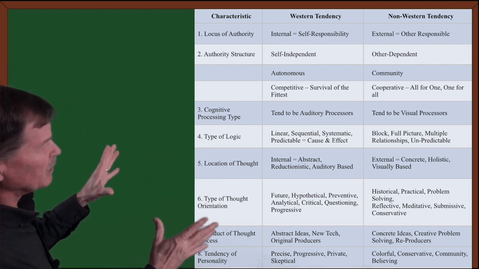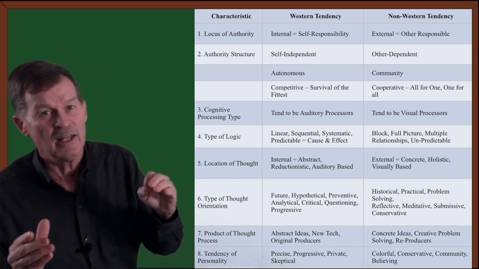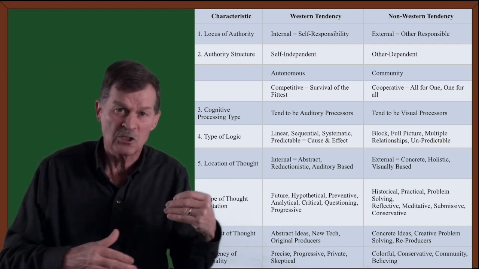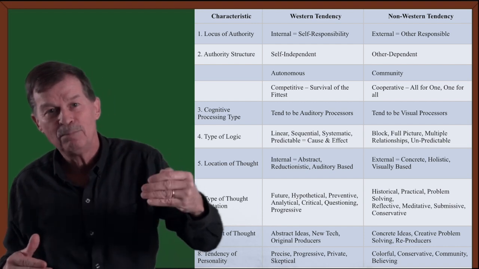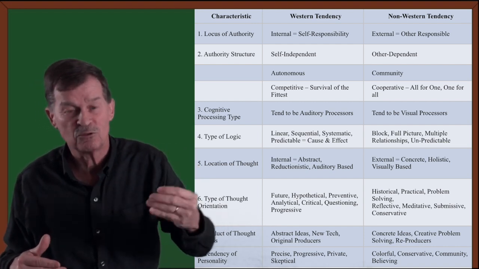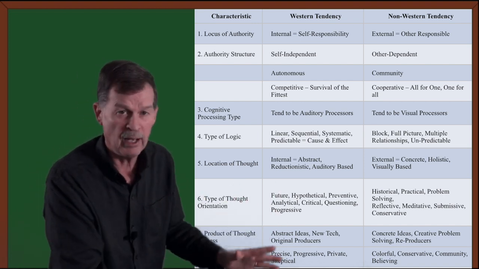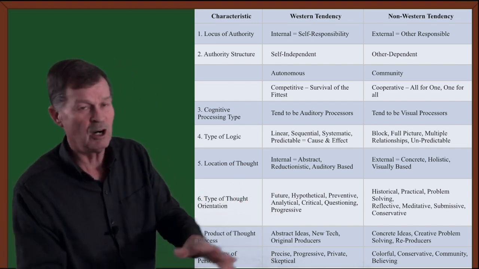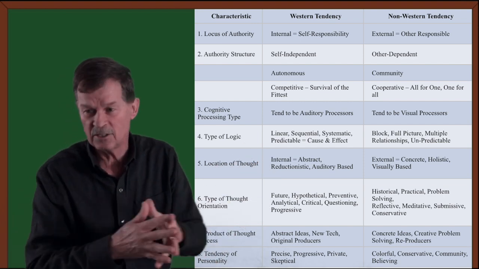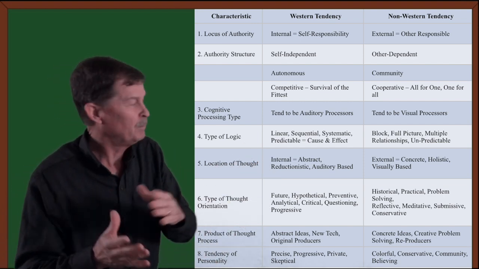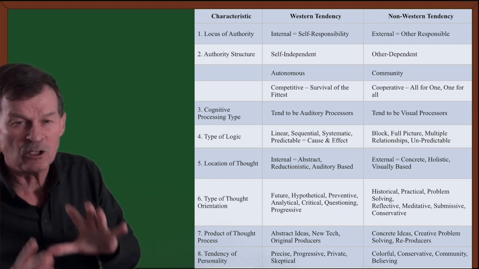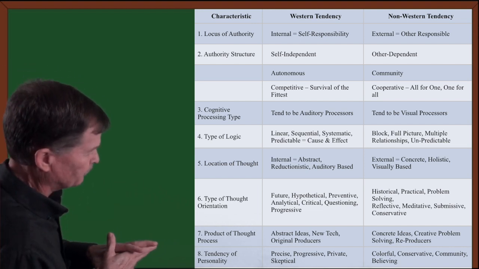They are conservative in the fact that they have probably practiced the same type of things and beliefs for generations. This is the way we've done it. This is the way we've plowed the fields. This is the way we've harvested. This is how we've planted. This is how, because they are a conservative culture.